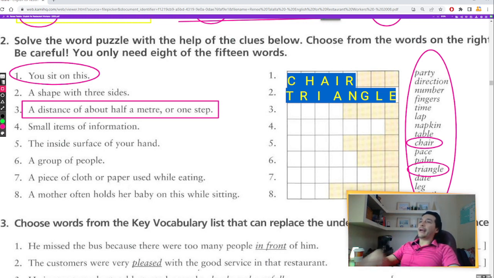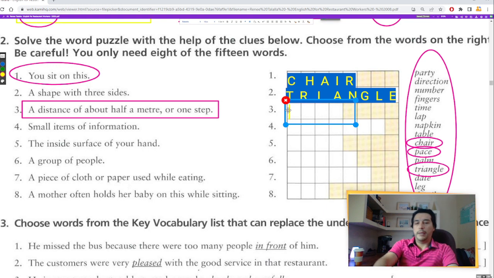Number 3, 4 letters. 1/2 meter or 1 step. We call that pace. The pace, like the rhythm. P-A-C-E, pace. Pace.